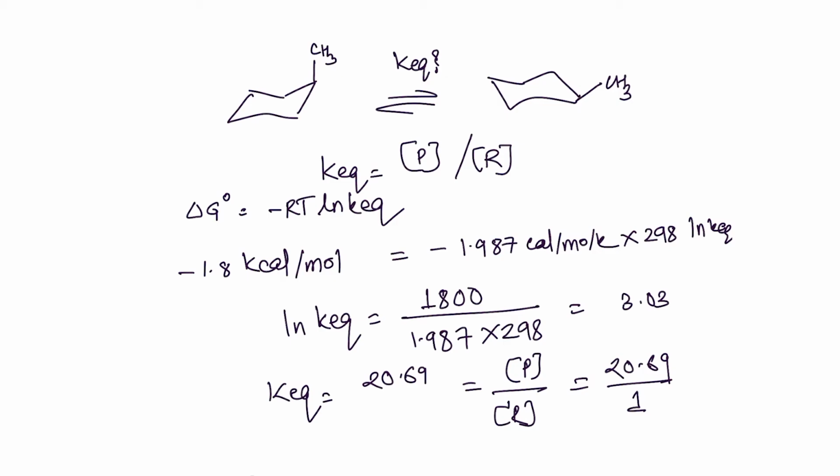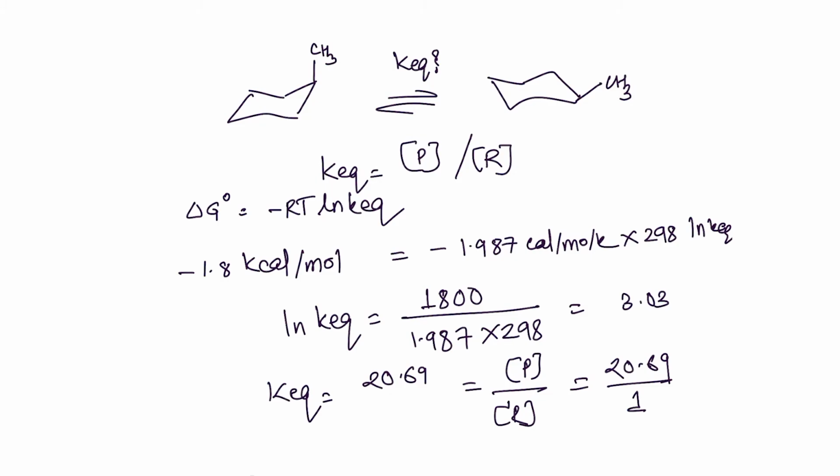There are 20 times more molecules where the methyl group is in the equatorial position. If you really calculate, more than 98% of the molecules have their methyl group in the equatorial position.